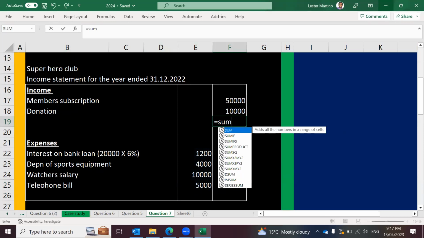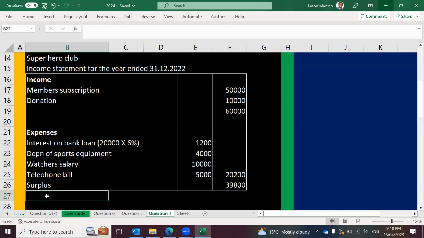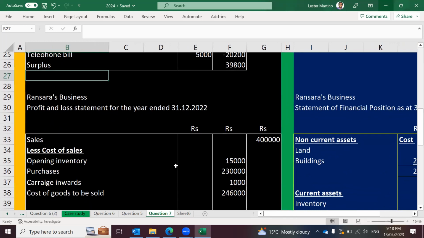Total income and the surplus. $39,800. Correct.